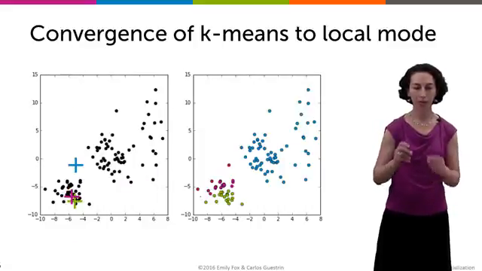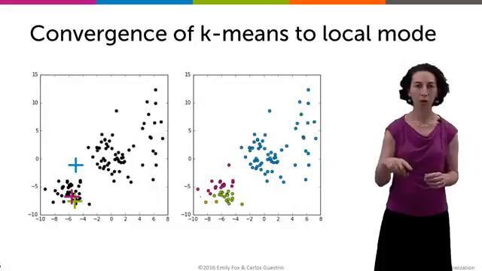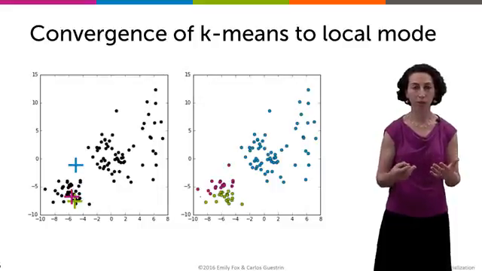Here's a data set. The black points are our data points, and what we're showing by these colored crosses are our initialized centers. So here's one initialization of our k-means algorithm, and then what we're showing in the other plot with the colored circles are the labels of the clusters after convergence of this algorithm.